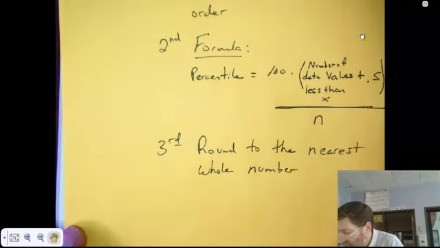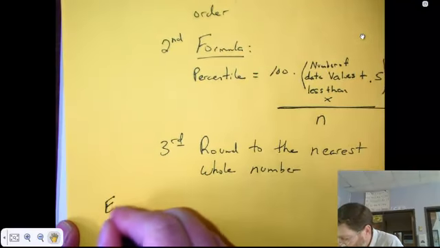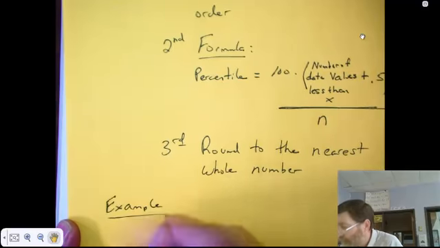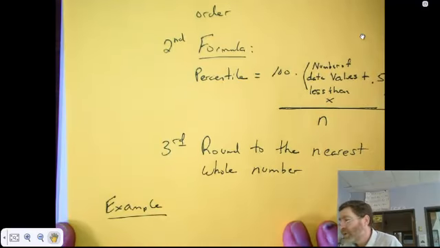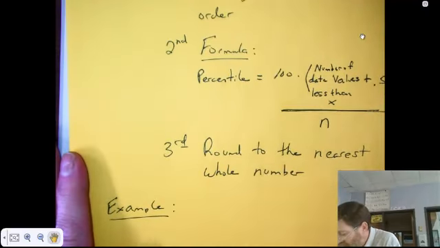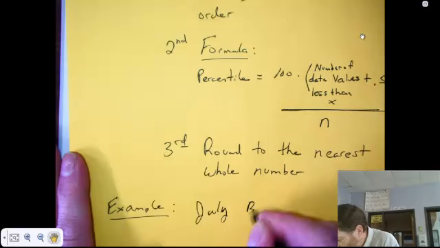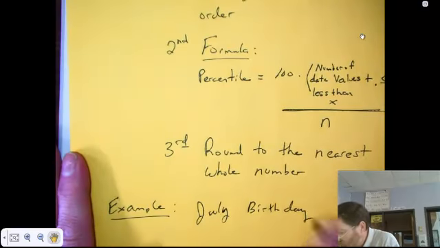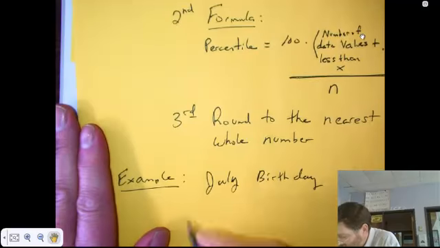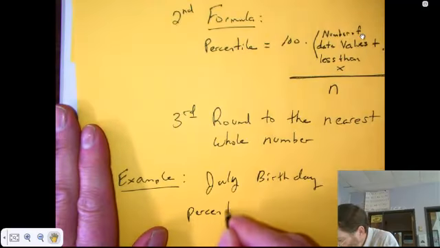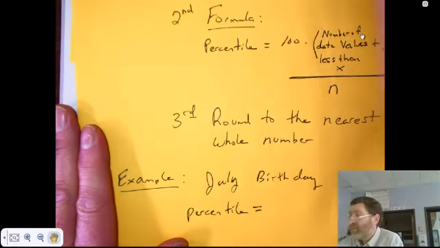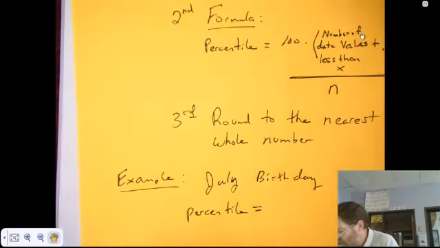So, an example. Who had the birthday in July? Is that Sydney? All right, so if we look at the July birthday, the percentile would be, well, first off, it's 100 times.